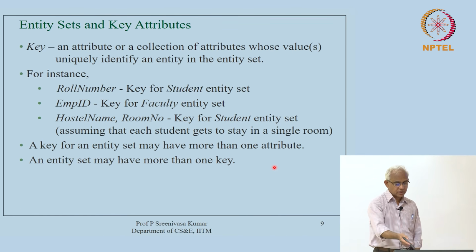For example, the student entity set here has roll number as one key, and then the hostel name and room number together as a key.